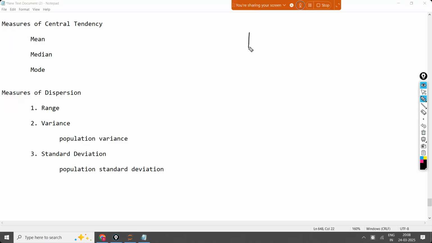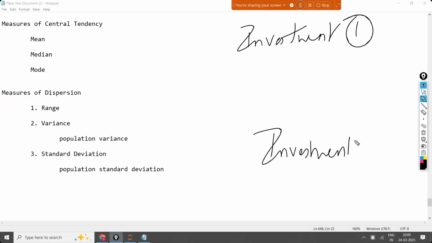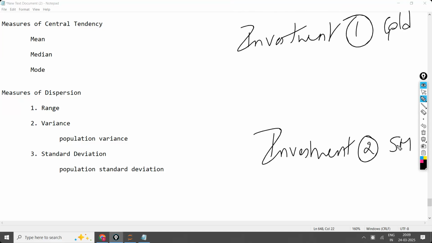Now, say there is one type of investment available, with two cases. Case 1 is gold, and case 2 is the stock market. I have 1 lakh rupees, and I can invest either in gold or in the stock market.